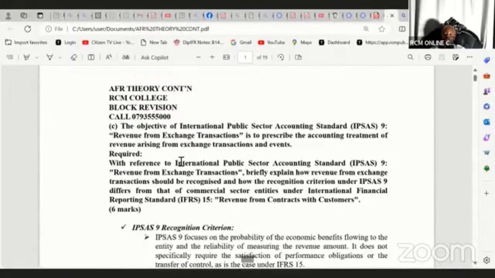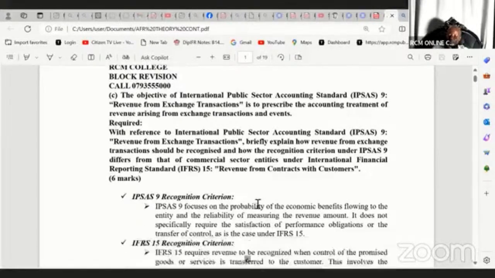The objective of international public sector accounting standard 9, revenue from exchange transactions, is to prescribe the accounting treatment of revenue arising from exchange transactions and events. With reference to IPSAS 9, revenue from exchange transactions, briefly explain how revenue from exchange transactions should be recognized and how the recognition criterion under IPSAS 9 differs from that of commercial sector entities under International Financial Reporting Standard 15, revenue from contracts with customers.